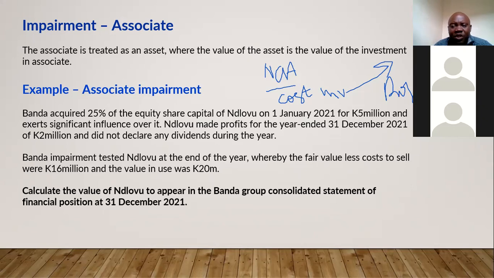Of this 2 million, we calculate 25%. How much do we get? It's 500,000, so we'll have 0.5 since we have raised the million up there.